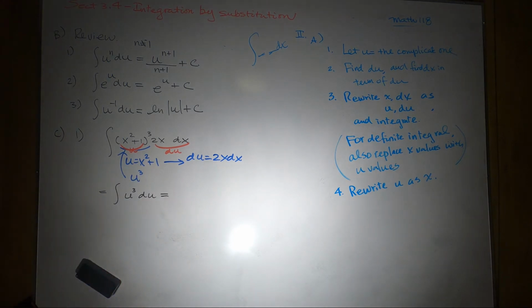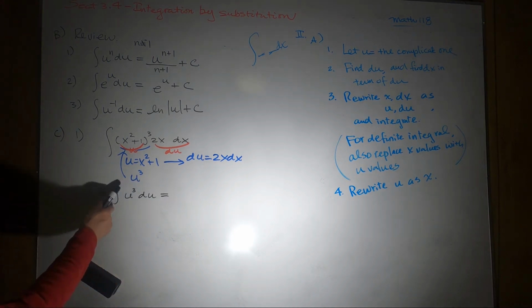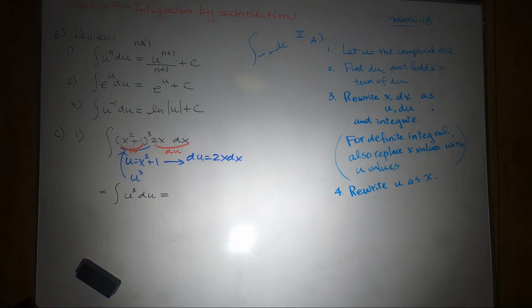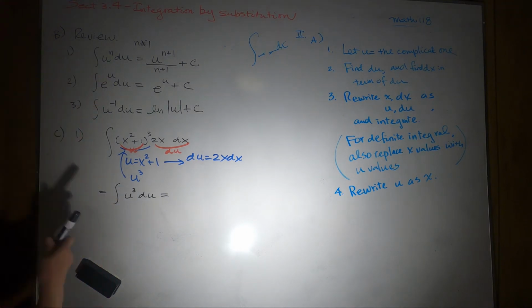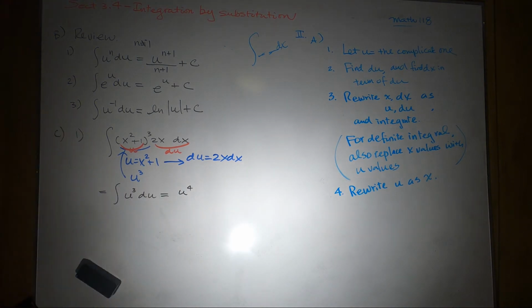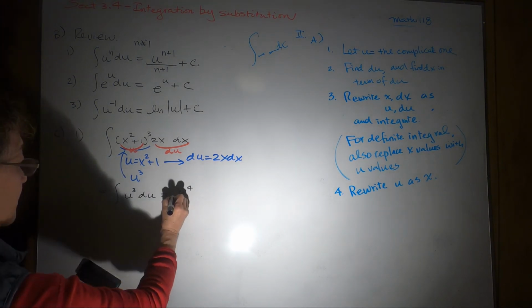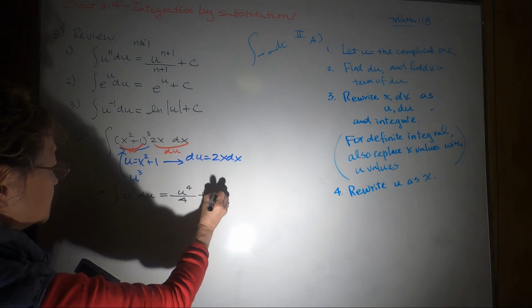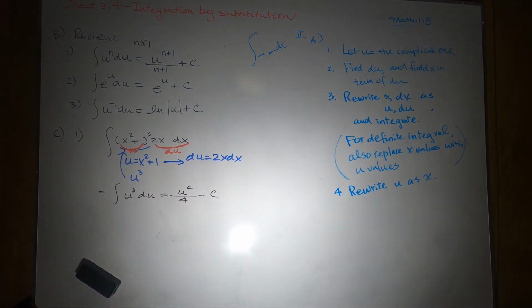If we do that, is that much simpler? Just a simple variable with a power. Then we can use the power rule to do the integration. It will become u to the 4th power divided by 4 plus some constant, right?